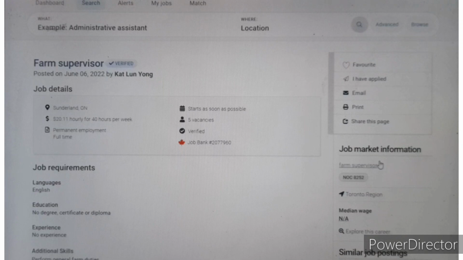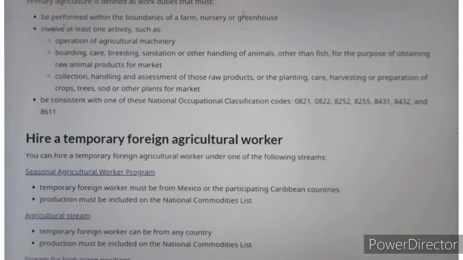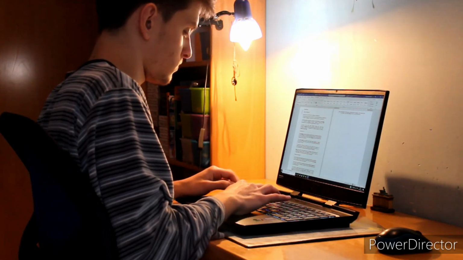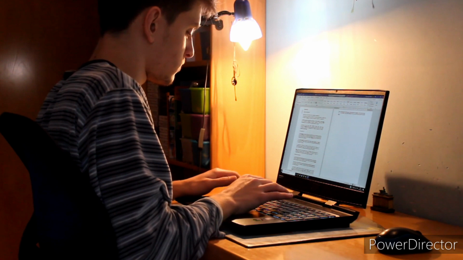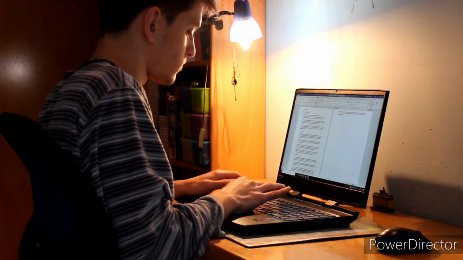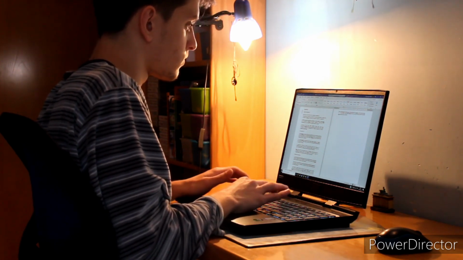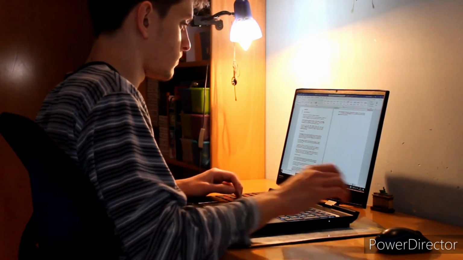This is NOC code 8252, and as we have seen from the Job Bank website, this NOC qualifies under primary agriculture. So when you're writing your application, be confident, show your experience and your skills, because you're going to qualify for a free ticket if the employer gives you a job offer under this stream.